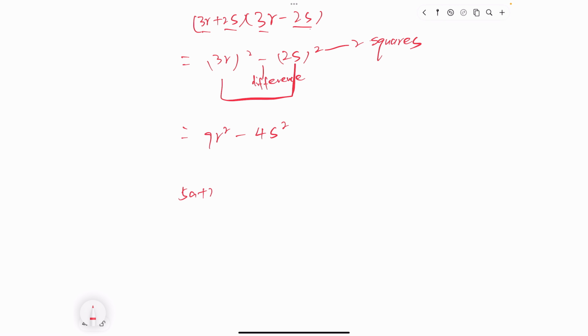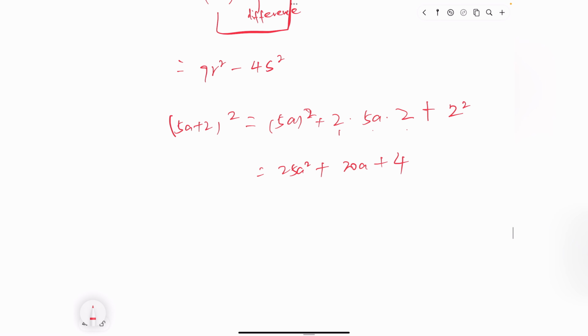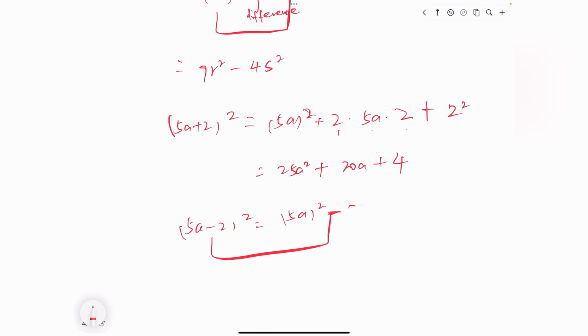Next one, we have (5a + 2) squared, equals (5a) squared plus 2 times 5a times 2, like 2ab, plus 2 squared. That would be 25a squared plus 20a plus 4. Next one is (5a - 2) squared, still a perfect square. So here's minus 2 times 5a times 2 plus 2 squared.